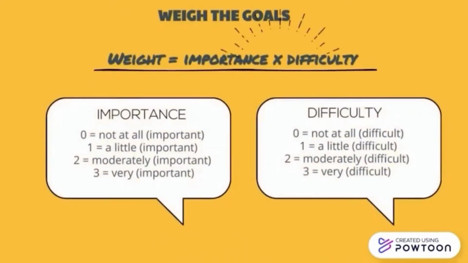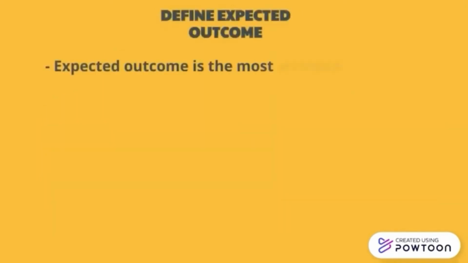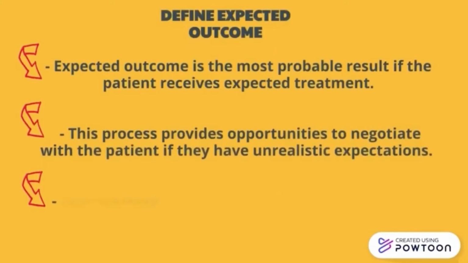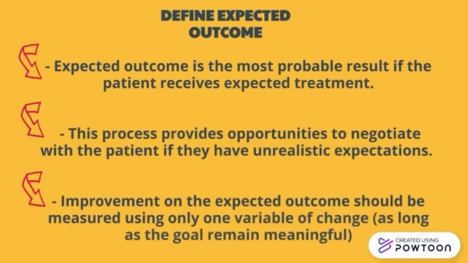Next, weight the goal. Weight is equal to the importance of the goal multiplied by the difficulty of the goal. Then therapists define the expected outcome. The expected outcome is the most probable result if the patient receives the expected treatment.